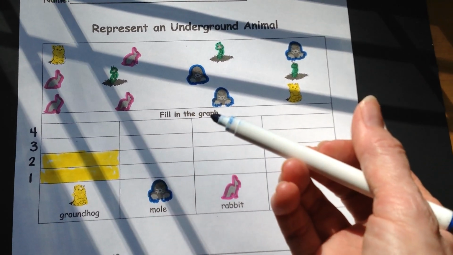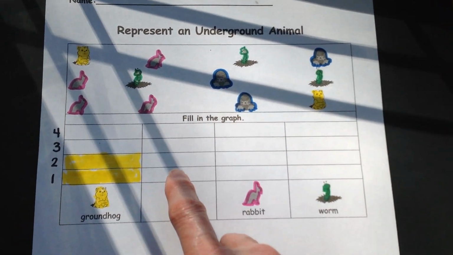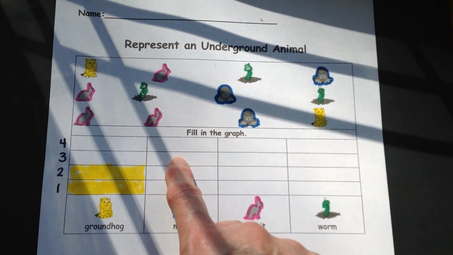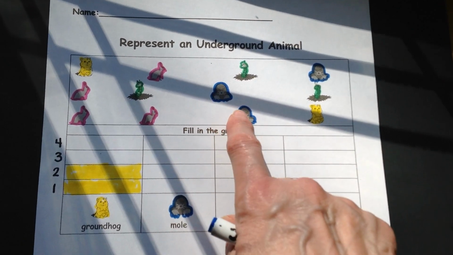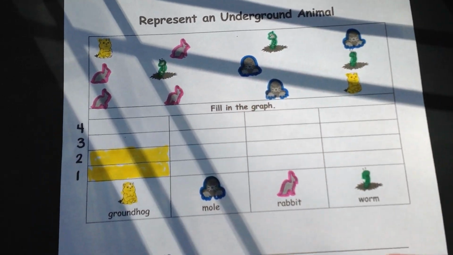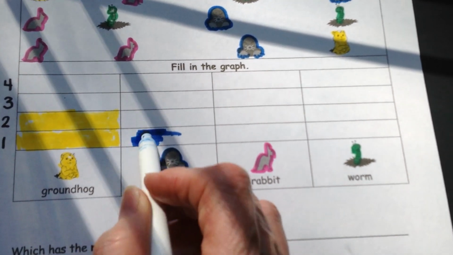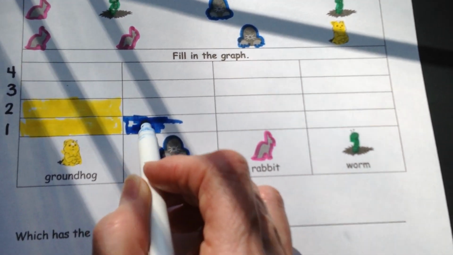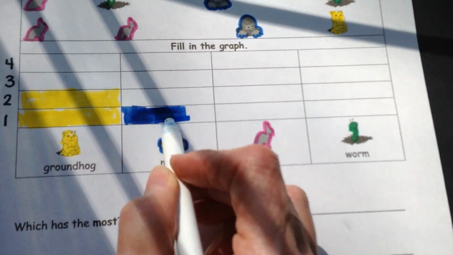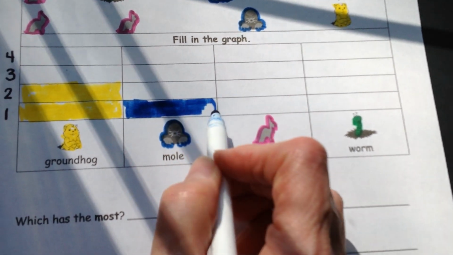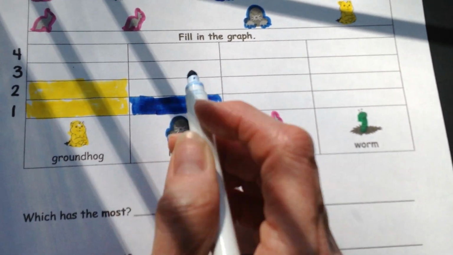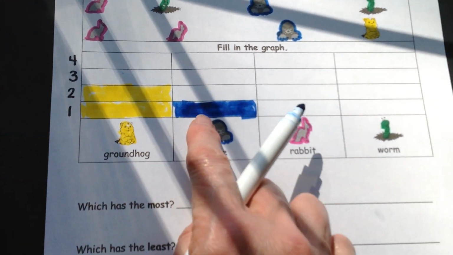So I have my blue marker, and we're going to color in 3 boxes on our graph because we have 1, 2, 3 moles. Okay, here we go. We'll color in box number 1. I try to stay in the lines the best I can, right? Okay. There's box number 1.